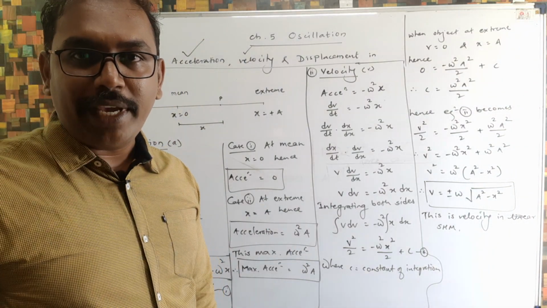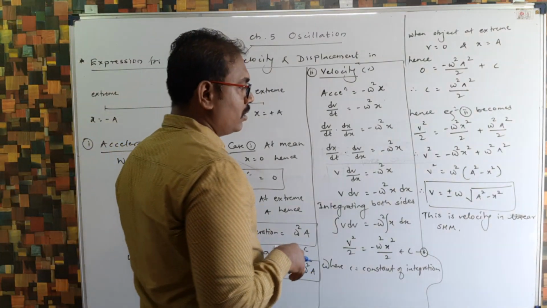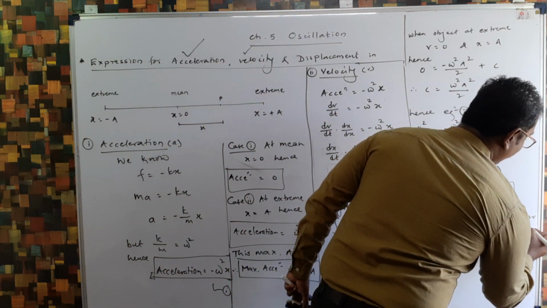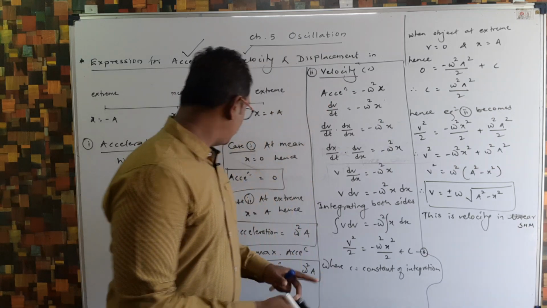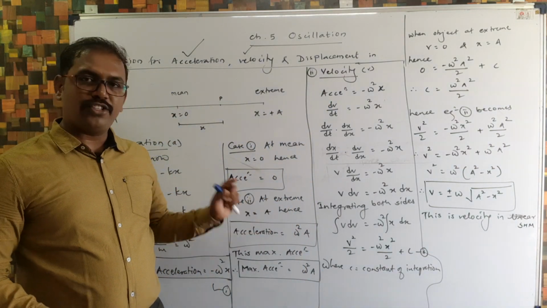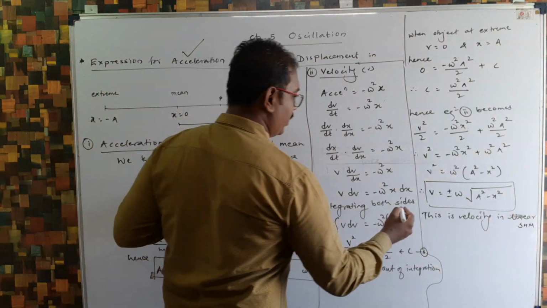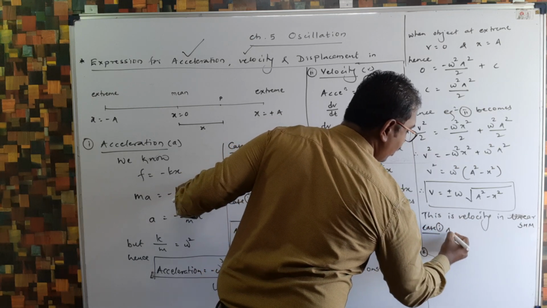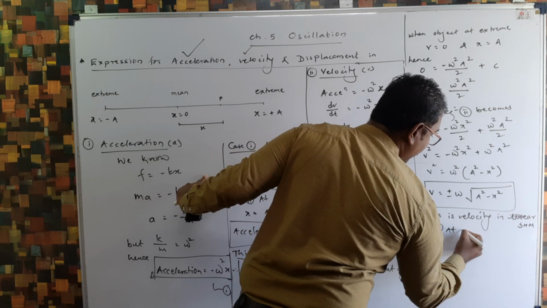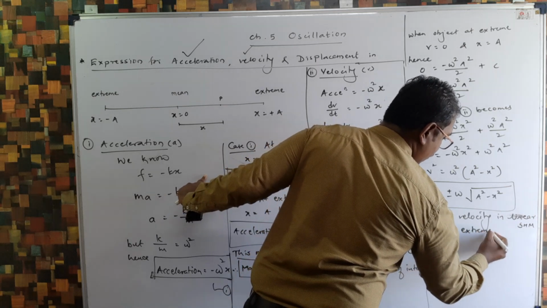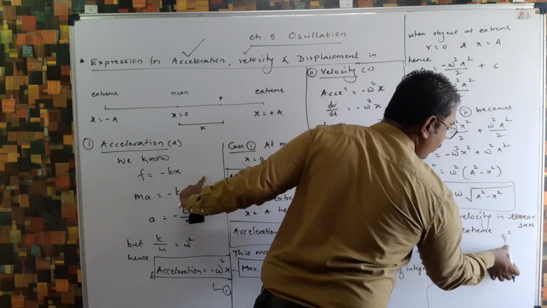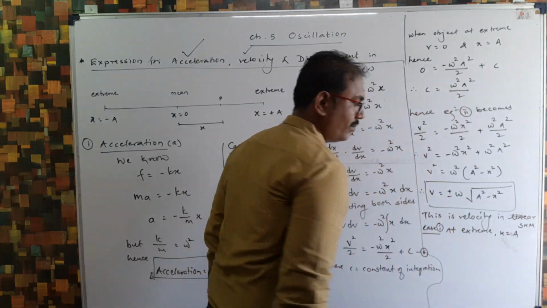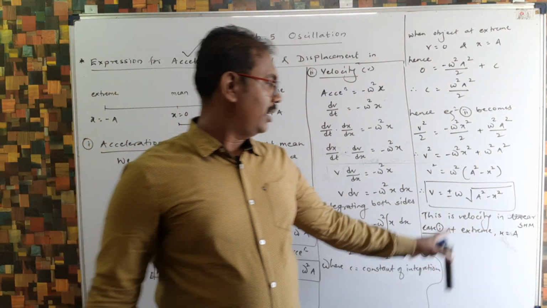Now we have to write two cases again. Which two cases? The value of this velocity at mean and at extreme. Case 1, at extreme, x is equal to a.